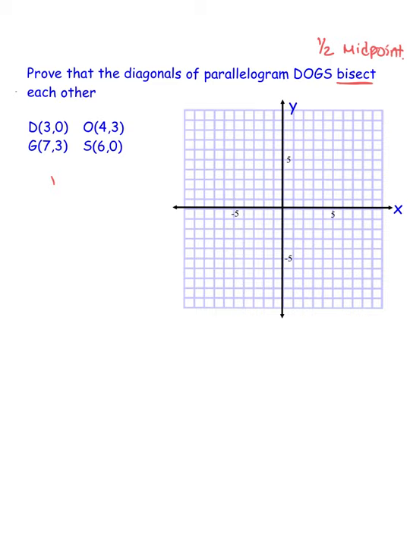So my plan here, and again, it says the diagonals. So any parallelogram has two diagonals. I will use two midpoints to show the diagonals bisect.